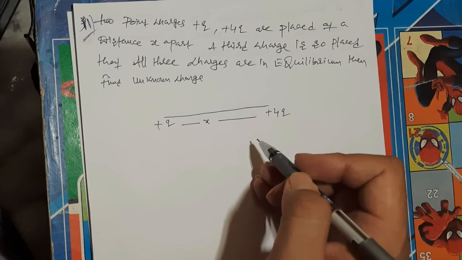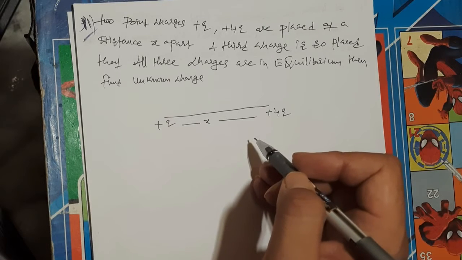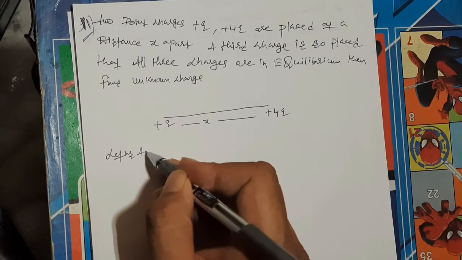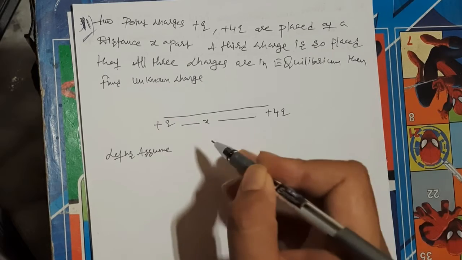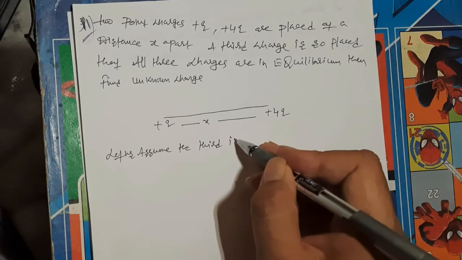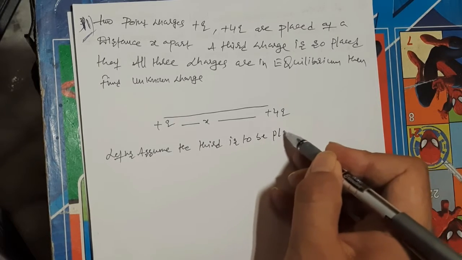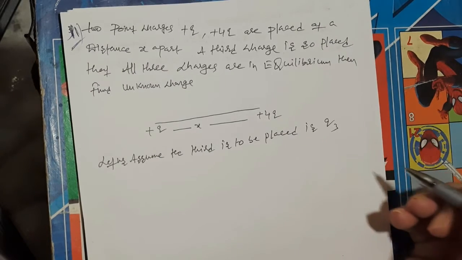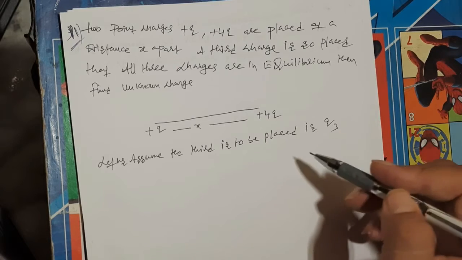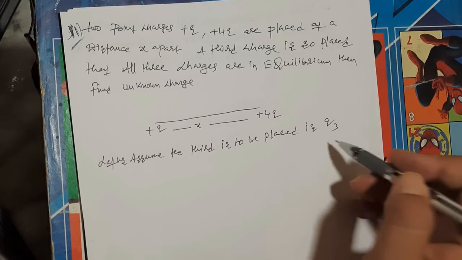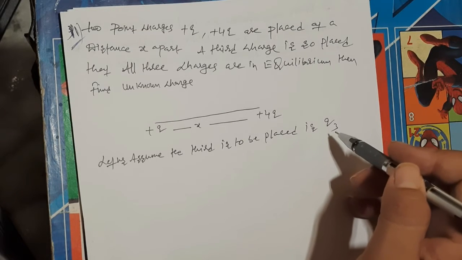For example, let us assume the third charge to be placed, to keep all the charges in equilibrium, is q3. Let us assume that charge is positive.